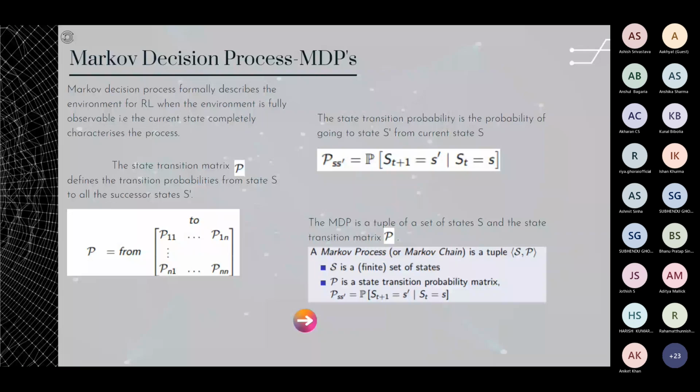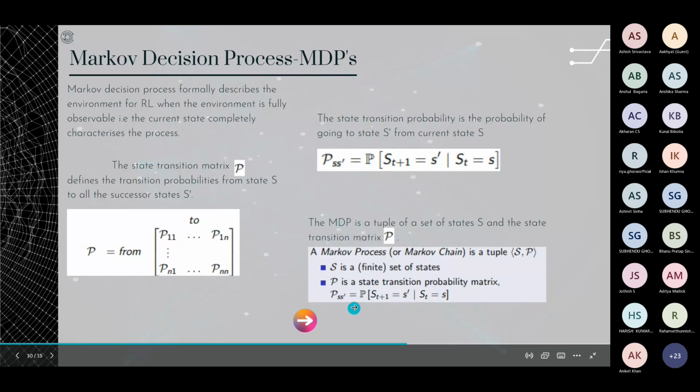So an MDP is used to describe the environment for a reinforcement learning agent when you can basically see what is happening in the environment. An MDP is basically a tuple of the states and the probability transition matrix. We came across the transition model earlier, and the state transition probability matrix is this transition model that we use over here.